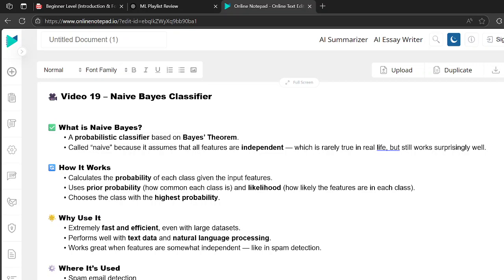In the classifier, it's hardly possible that all of the features are independent. The features have to be depending on each other, if not all, then at least some. However, it works surprisingly well, you know, even after assuming that all features are independent, it still works surprisingly well.